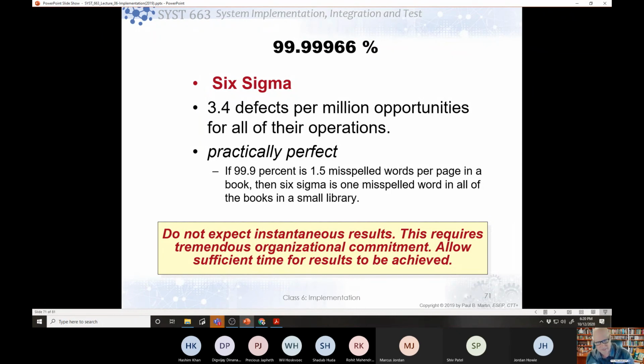It's practically perfect. It's like 3.4 opportunities per million opportunities for a defect. You can't get there from here by just going your old ways. There are things you have to do to get your organization committed in order to allow you to achieve this.